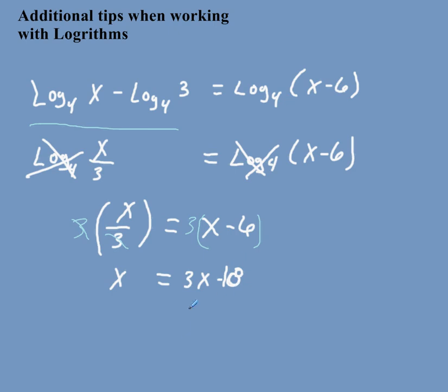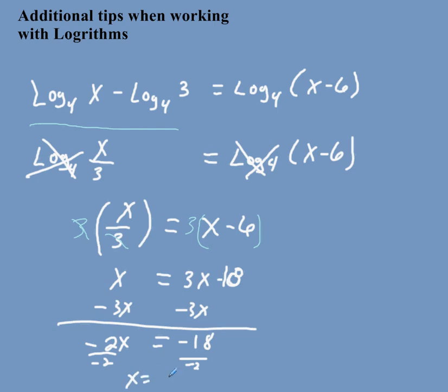Anyway, let's finish this up. Subtract 3x on both sides. We get negative 2x is equal to negative 18. Divide by negative 2, and therefore our x is equal to 9.